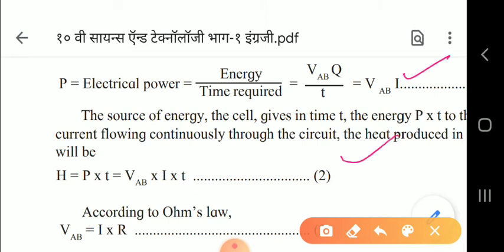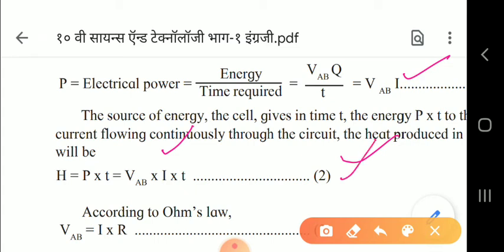Here the second equation, H is equal to P into T. H is the heat. So here we will see that H is equal to P into T, and P is equal to, already you have studied, VAB into I into T. This is equation 2.